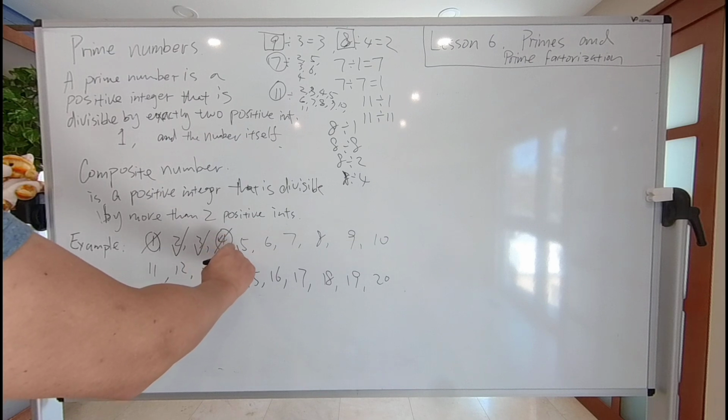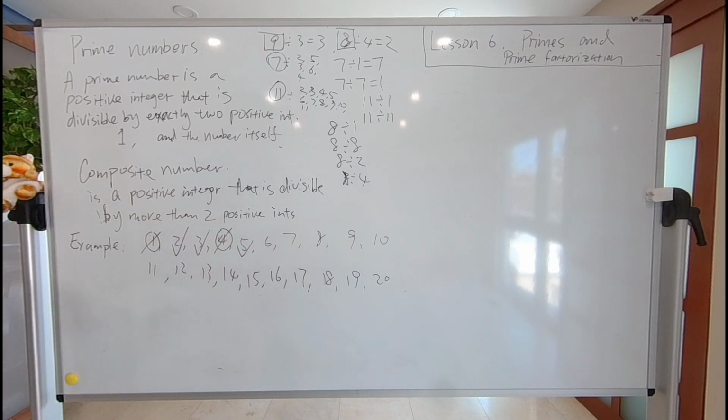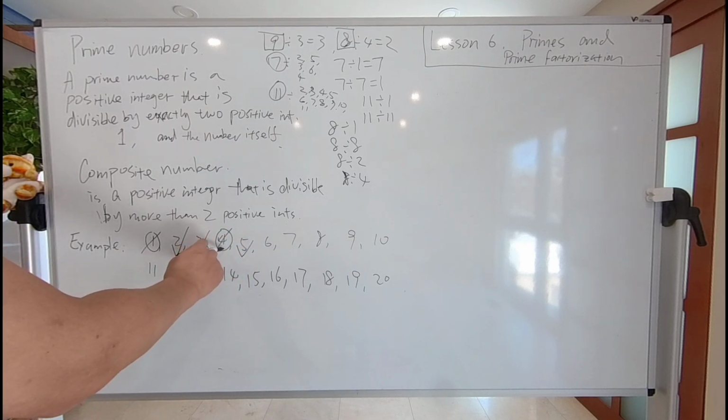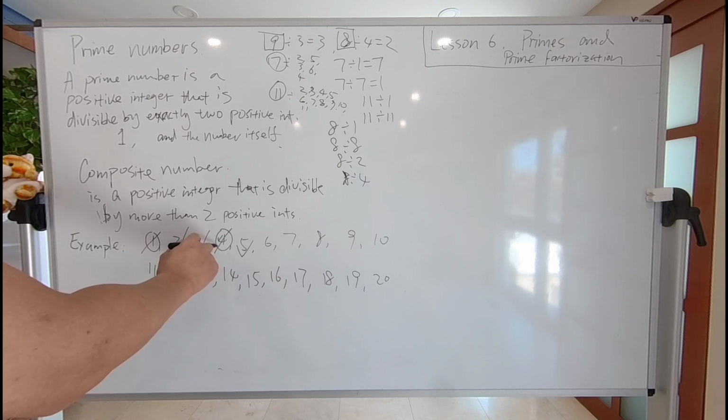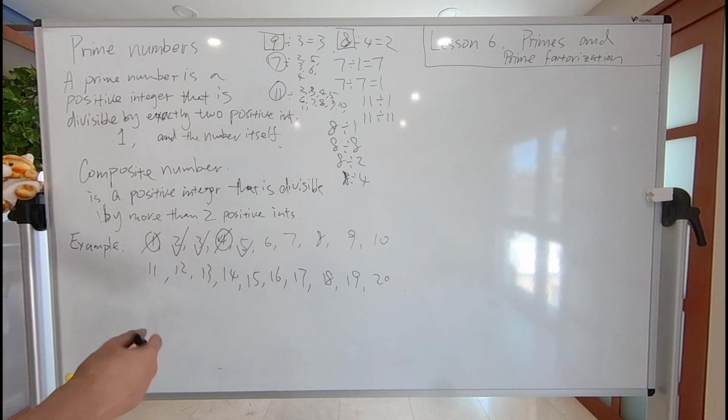So similarly, I can stop here and cross out all the even numbers. Remember the conclusion from last class: there's an easier way to determine whether a number is divisible by 2, and our conclusion is that all even numbers are divisible by 2.